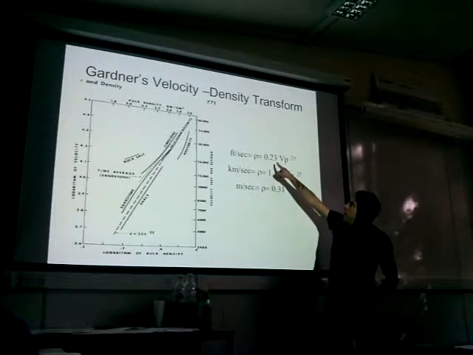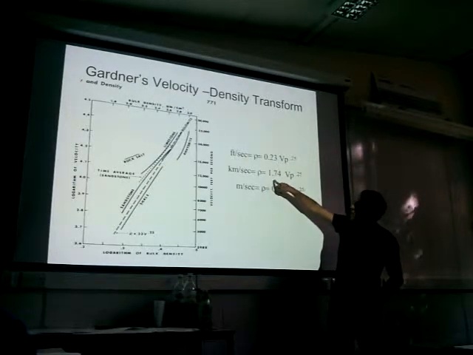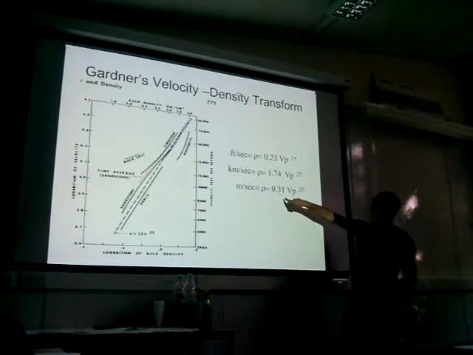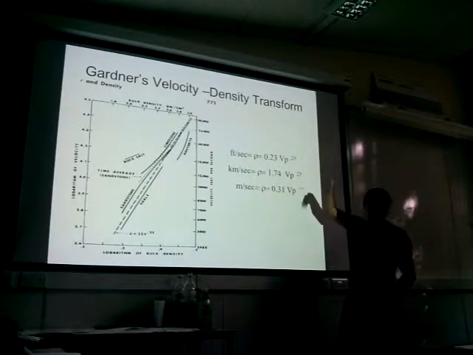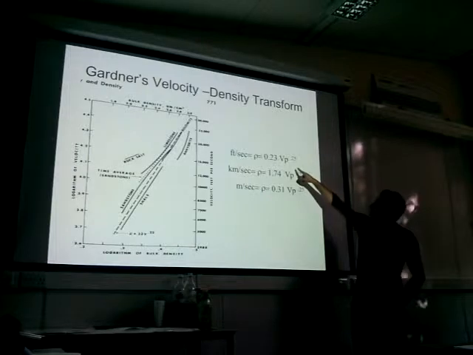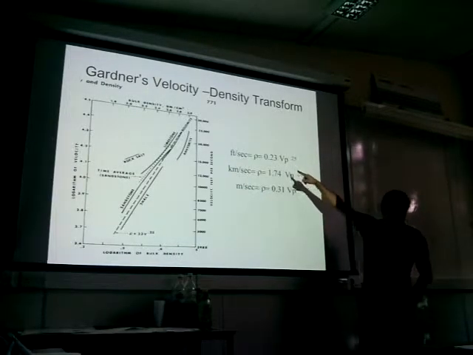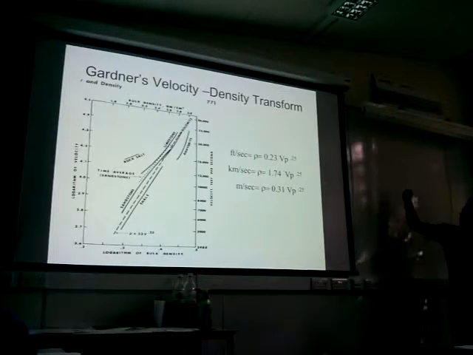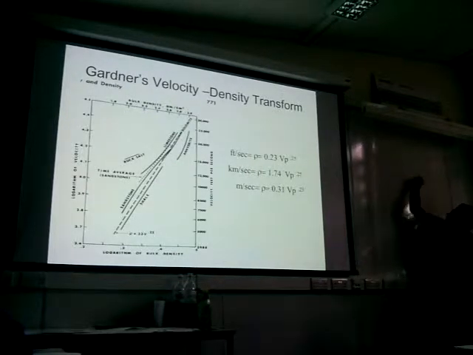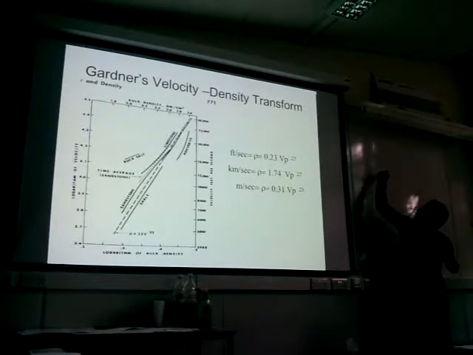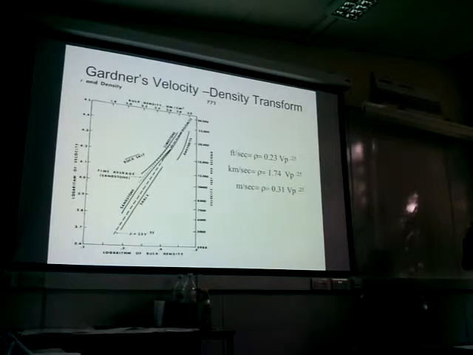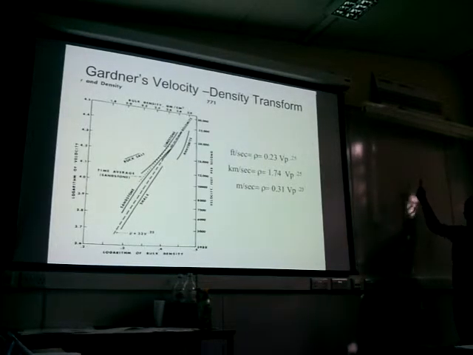So it is 0.23 if you use feet, 1.74 if you use kilometers, 0.31 if you use meters, multiplied by the velocity of the P wave under root 4, so the power of 0.25. Is equal to what? Fourth root of VP.